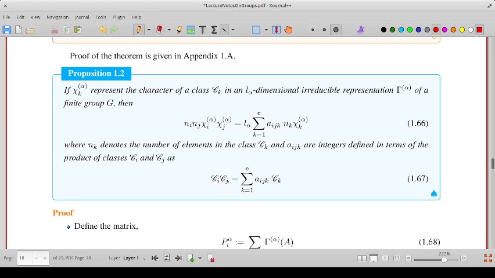Then I can write Ci Cj as simply the sum over k running from 1 to C of Aijk Ck. Symbolically, this means the elements of the class Ck appear Aijk times in this product.